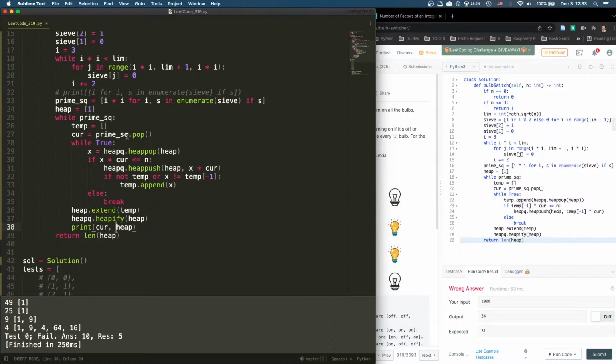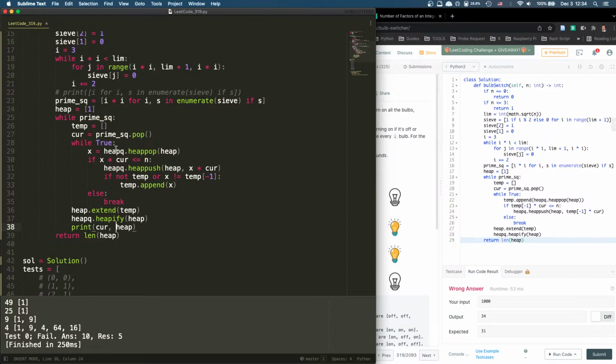Have a temp. Current is 49, yes. X is heap pop. X is 1. Say if 1 times 49 is smaller or equal to n, yes. Heap push 1 times 49. If not temp, because temp is empty, so temp shall put 1 in it.